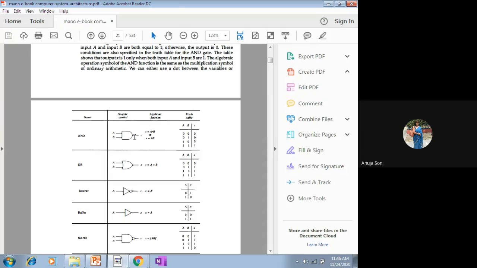So in order to understand the behavior of the AND gate, here the Boolean expression is given. What kind of Boolean expression is there? X will be equal to A into B. So this star or dot both work as the logical operation in the context of Boolean algebra. And side by side we have the truth table.